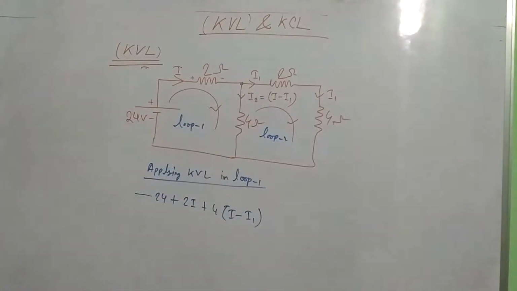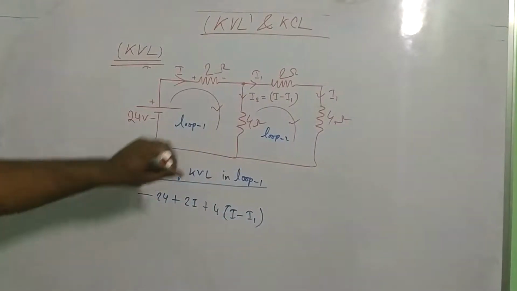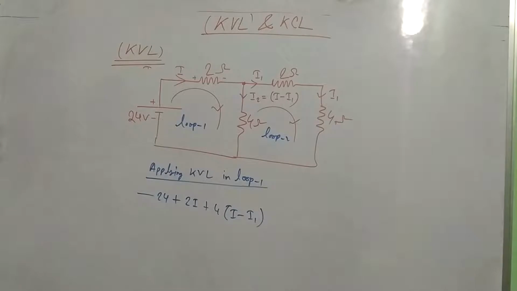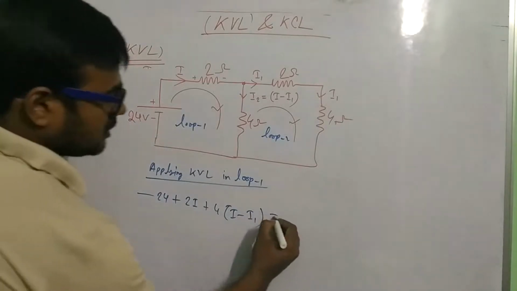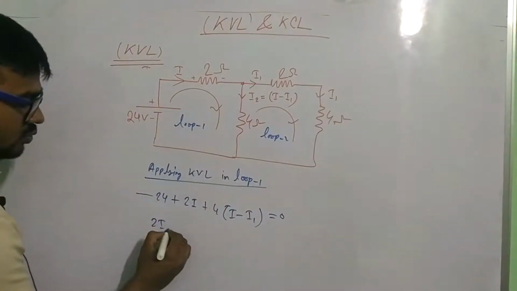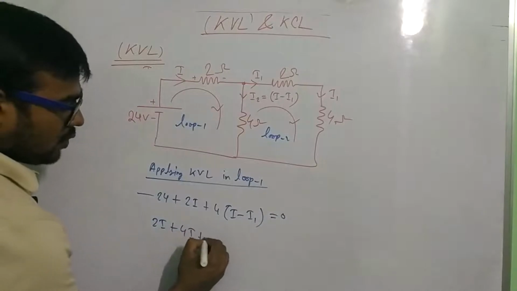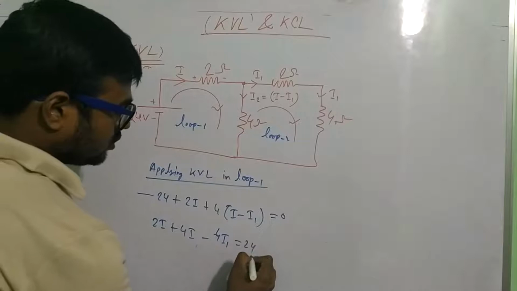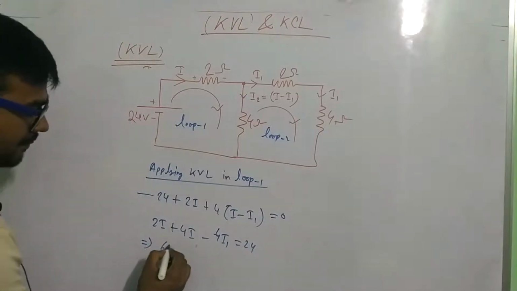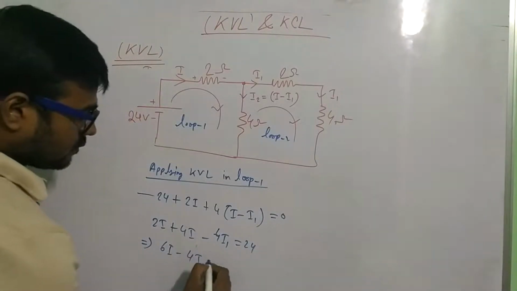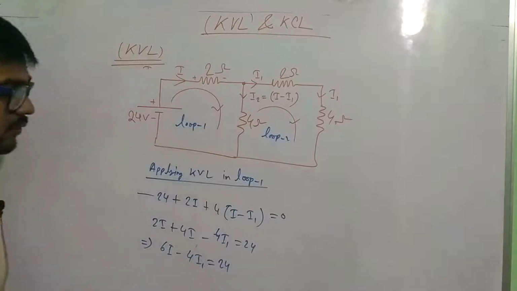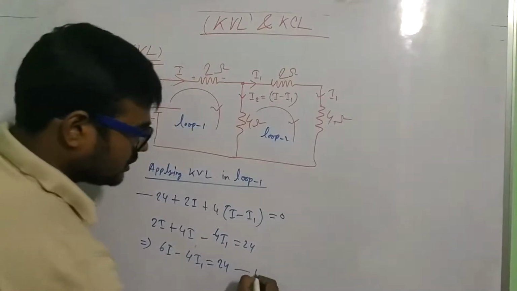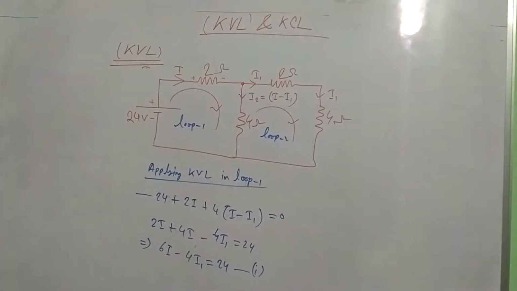I2 means I minus I1. So I am considering the drop across the 4 ohm resistance. Now this is equal to 0. So 2I plus 4I minus 4I1 equals 24. What happened? 6I minus 4I1 equals 24. This is equation number 1.